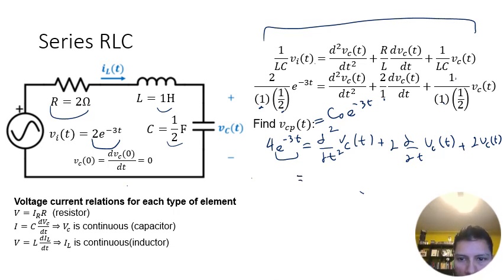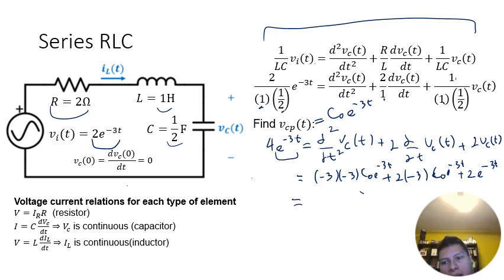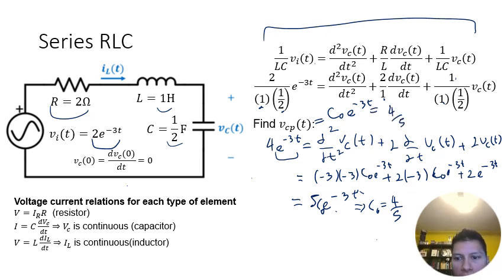We have negative 3 times negative 3 C0 e^(-3t), plus 2 times negative 3 C0 e^(-3t), plus 2 C0 e^(-3t). So 9 minus 6 gives us 3, plus 2 gives us 5, so 5 C0 e^(-3t) equals 4e^(-3t). That gives us C0 equals 4/5, so the particular solution is 4/5 e^(-3t).